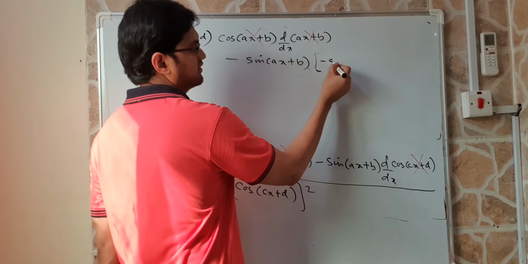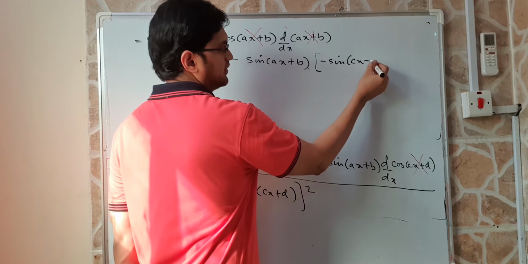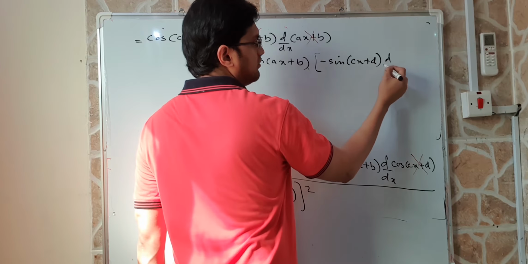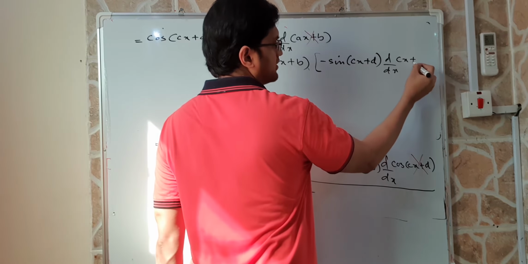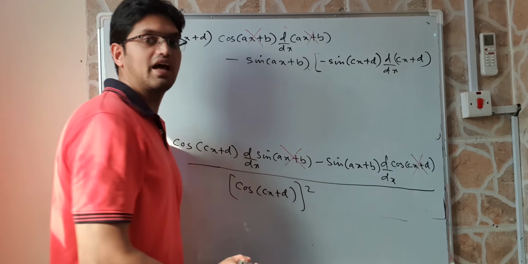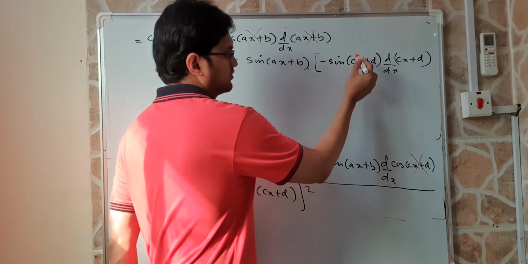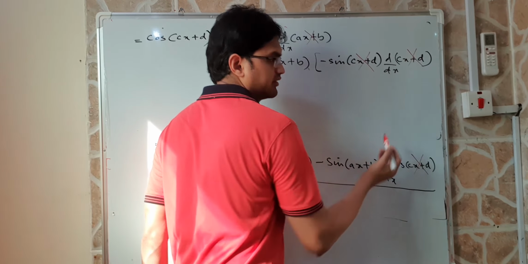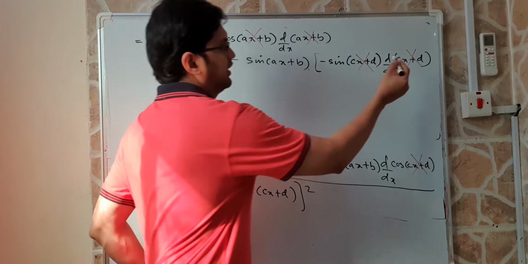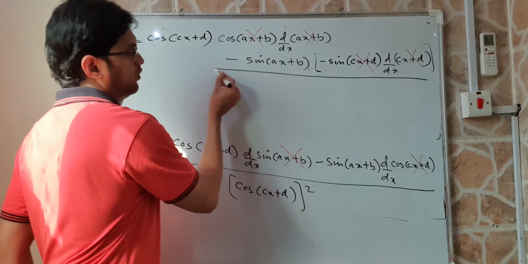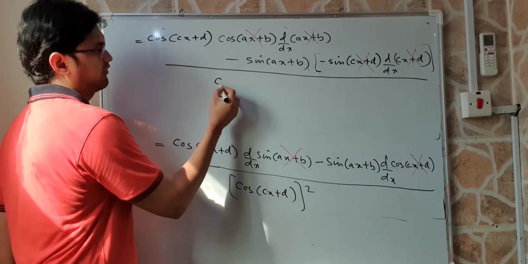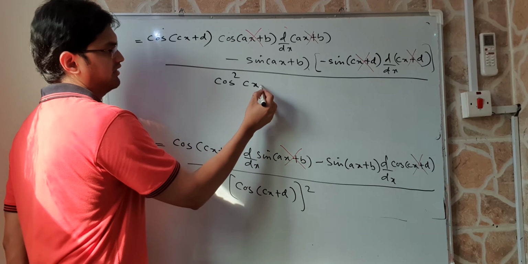So minus sin of cx plus d and the derivative of cx plus d, which is other than x. So this one and this one, whole divided by cos square of cx plus d.